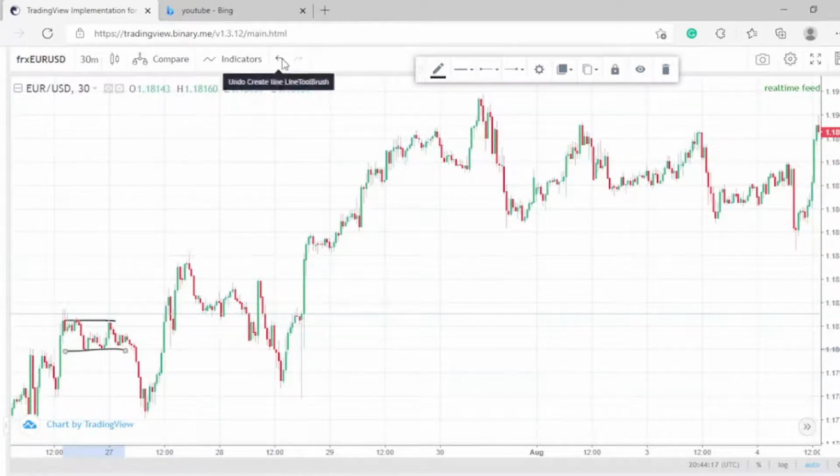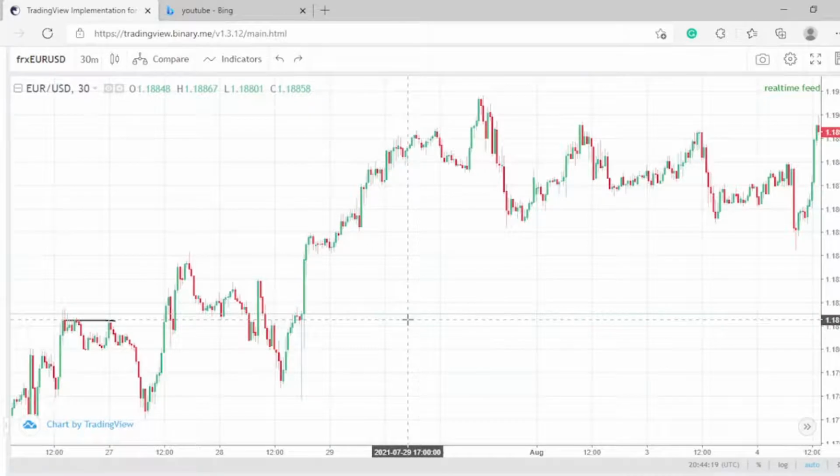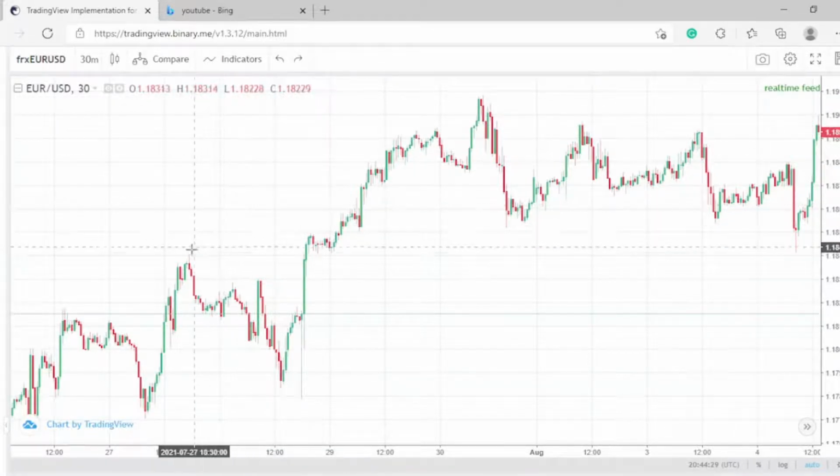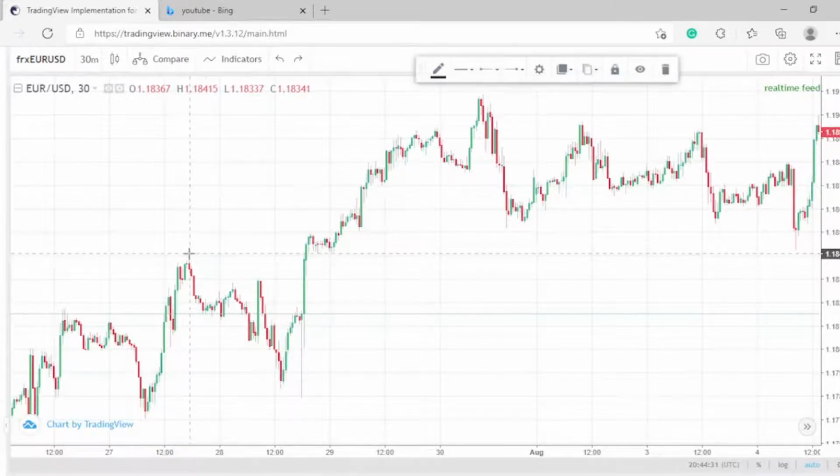And then we have what is called a channel. A channel is basically a sideways range. So let me show you this area here.